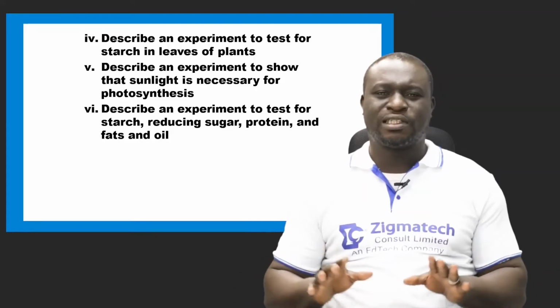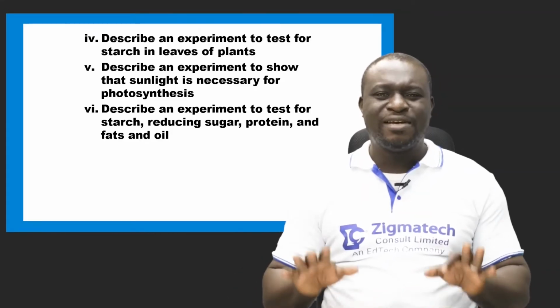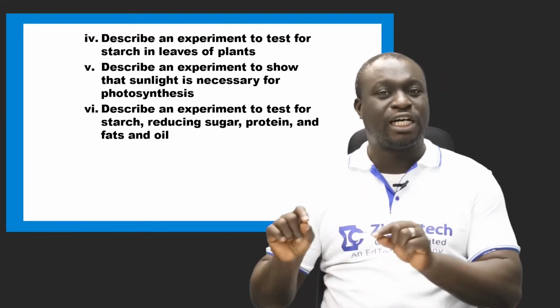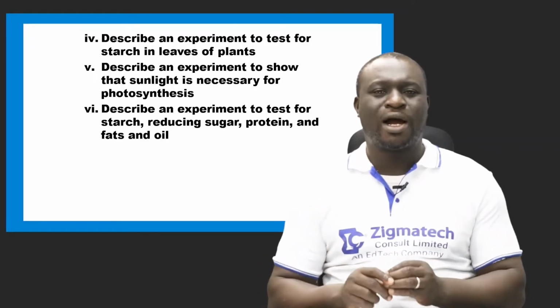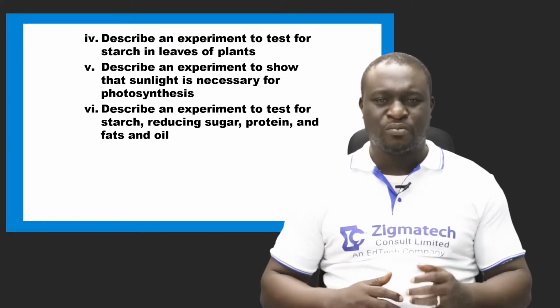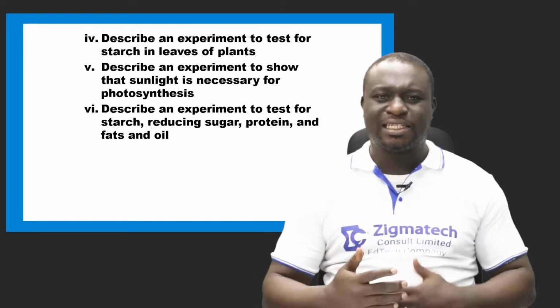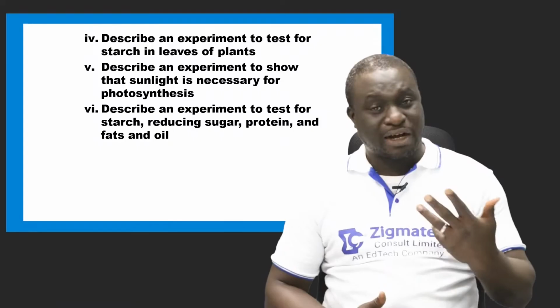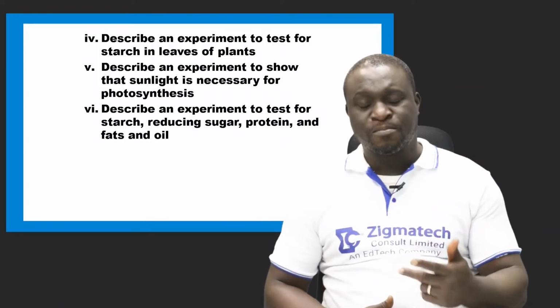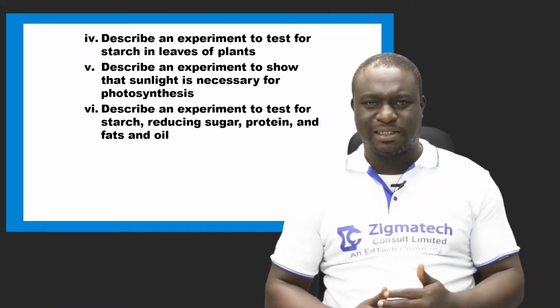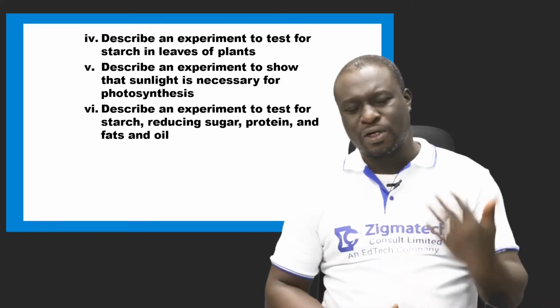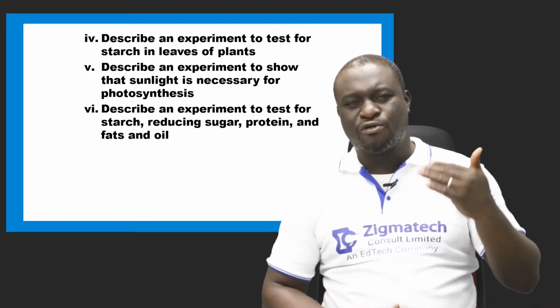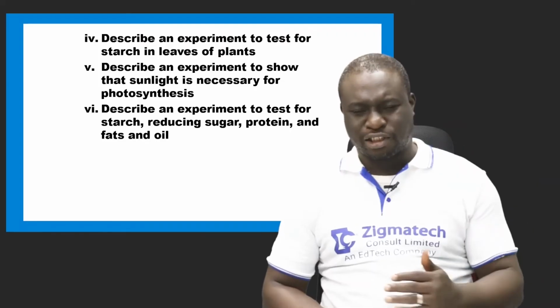Under chemosynthetic nutrition, we said that living organisms manufacture their food, but they do not require sunlight to carry this out. It means that they synthesize organic materials, which are food substances, from inorganic substances.